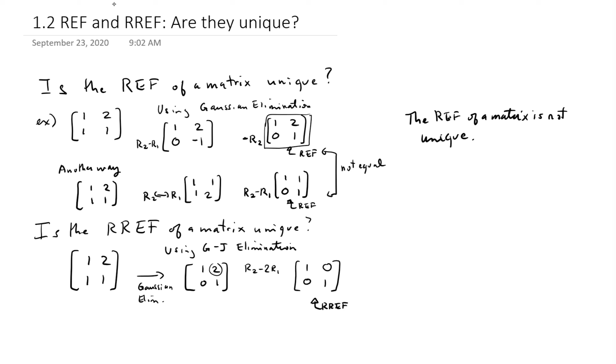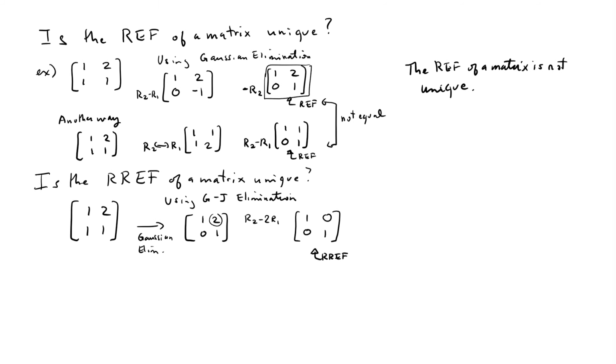And the question is, let's say I apply other row operations. Another way, let's say I end up with this again. Then what could I do here? I'm going to try to break this and get some different reduced row echelon form. Can I do that?